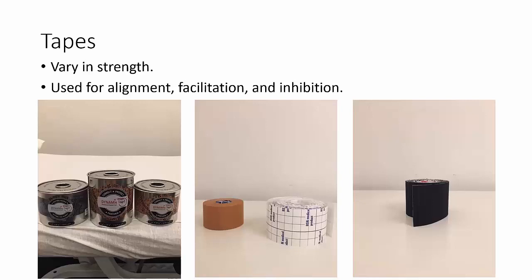So it allows for all movements, right? So again, we move in 3 dimensions. It allows for movement in all of them, but it will allow for support at the same time. And what's fascinating about this tape is that its tensile strength is the equivalent of 33 pounds or 15 kilos.